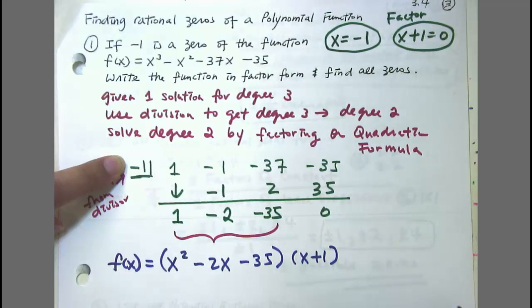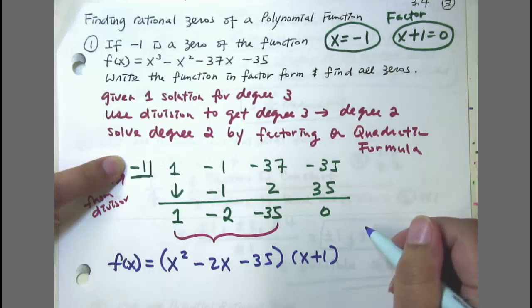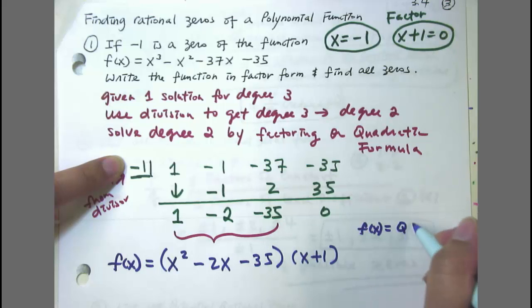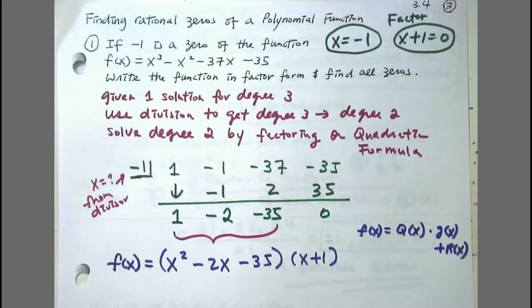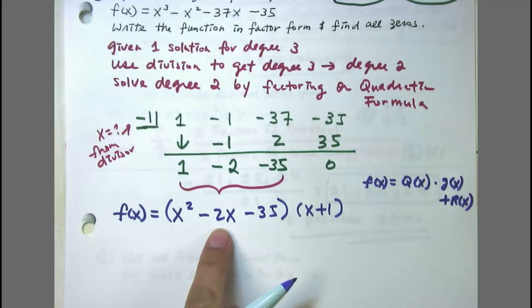As you recall from 3.3, your f of x should equal quotient times divisor, your g of x, plus your remainder, which we don't have here. And then we need to solve this, so we have to factor this.